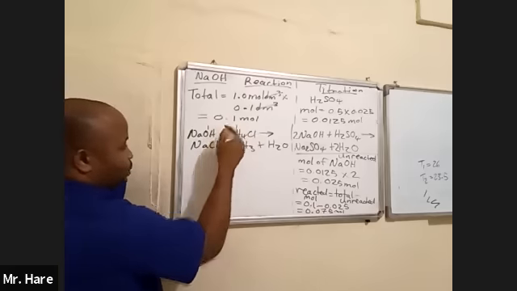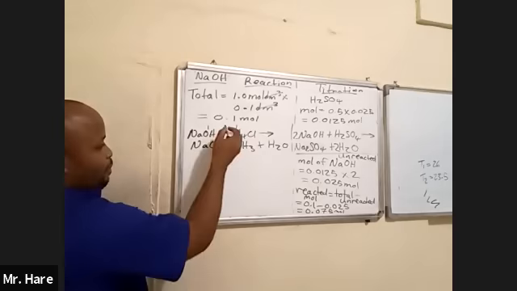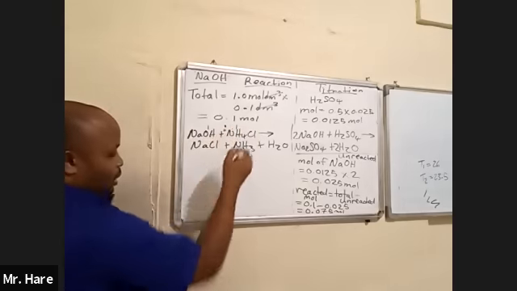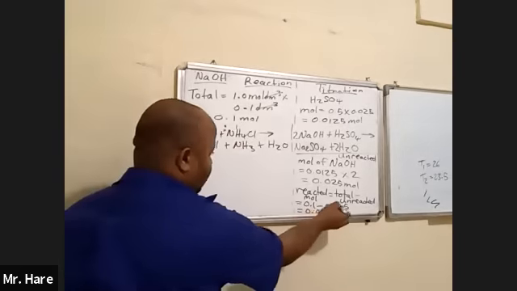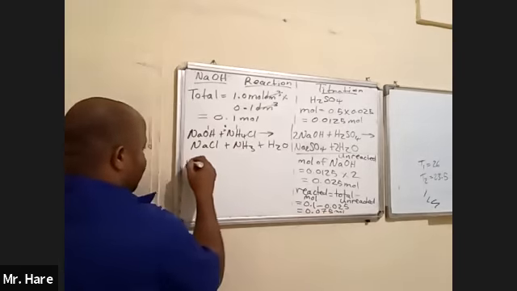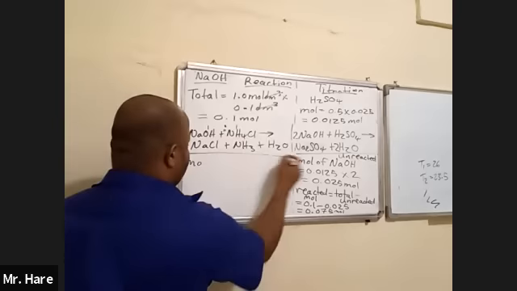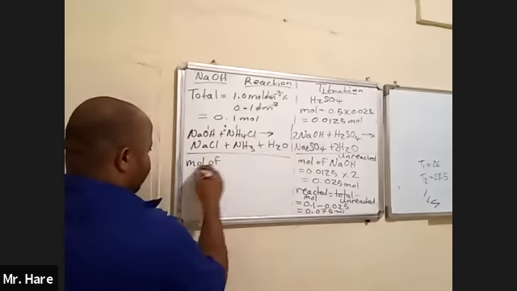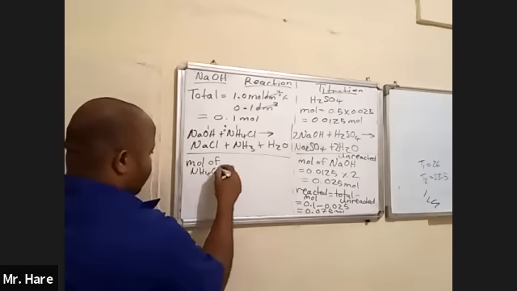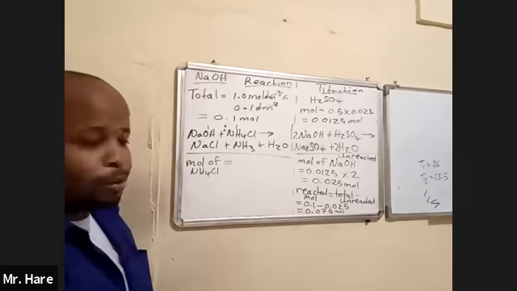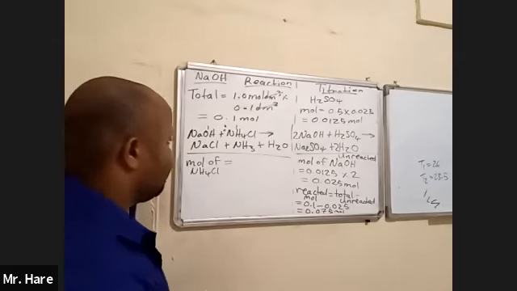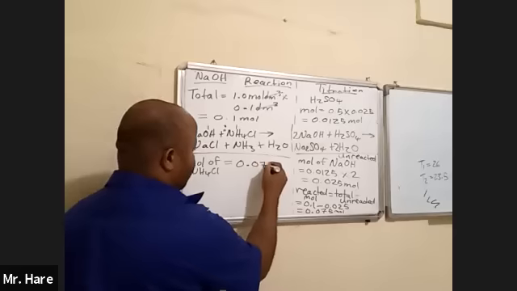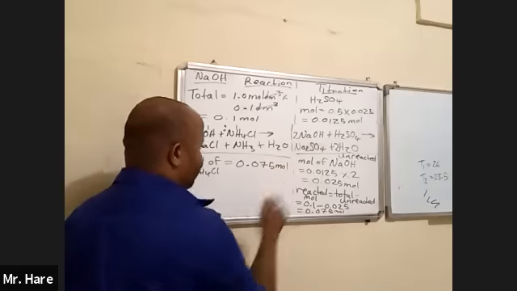So come back now to the reaction. If the mole ratio is 1:1 and the mole of NaOH that was used is 0.075, then the mole of ammonium chloride is equal to what? The same, 0.075 moles.